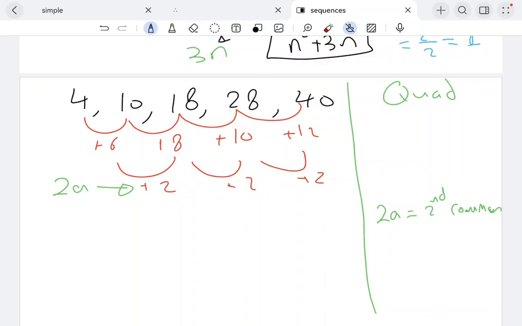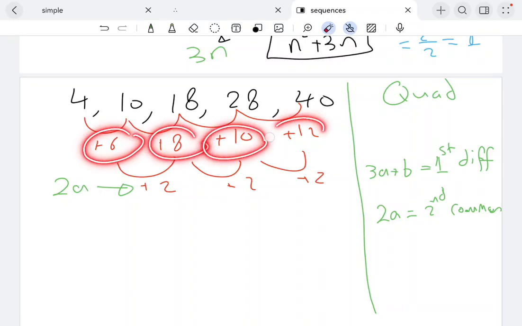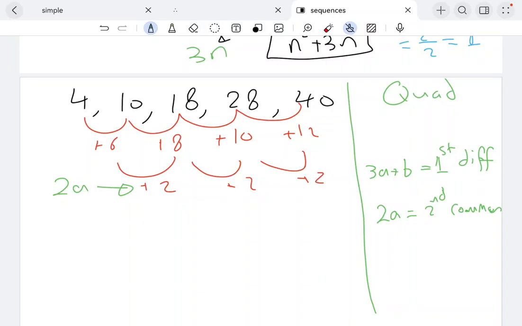So 2a is equal to this, and 3a plus b is equal to the first difference. What I mean by the first difference is not the common one. It's 6 here, and here 8, and here 10. I need the first one of them, so I mean this.